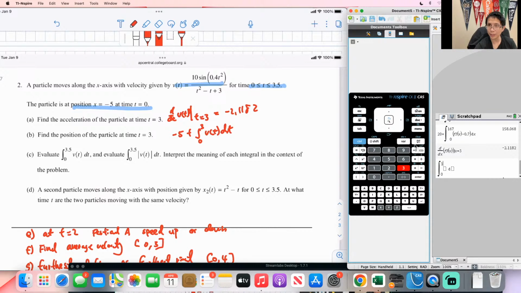Between 0 to 3, and what else? v of t, so it'll be F3 of x, close the interval, and x, and don't forget about subtracting 5. Or I can put in front, it says negative 5. Would that multiply everything by 5? No, negative 5 plus. Oh, I thought you were multiplying, not adding. Is it negative 1.76? Is that right?